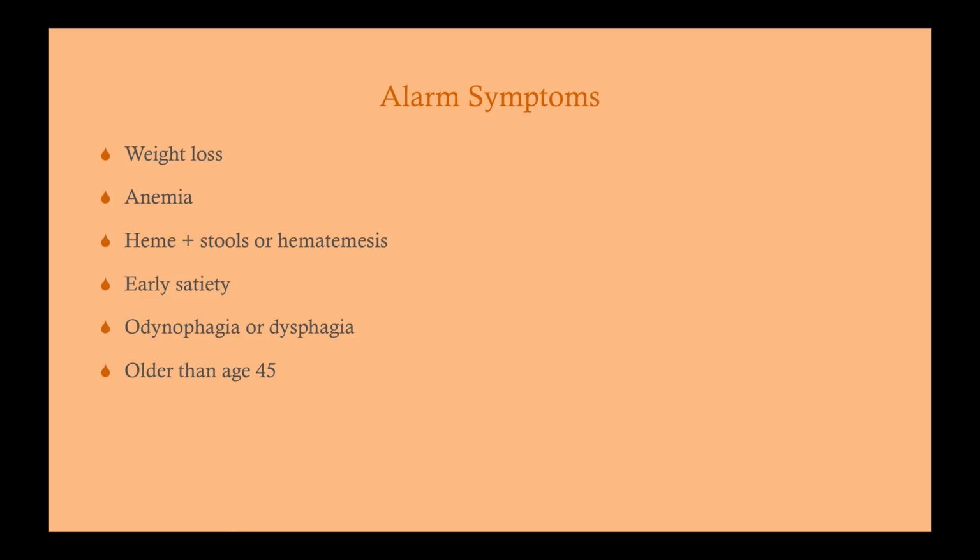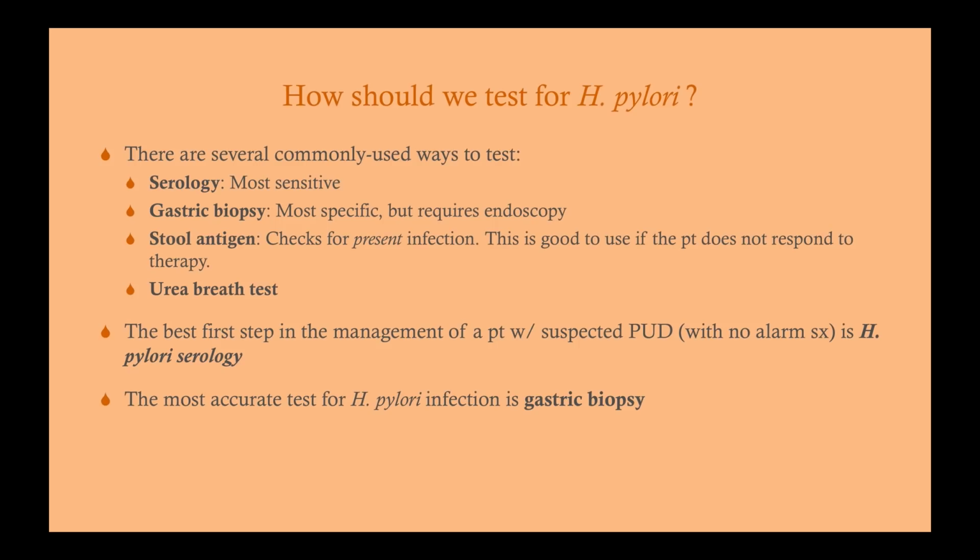So anything consistent with a GI bleed. Early satiety, odynophagia or dysphagia, or they're older than 45, then you really want to think of maybe scoping these patients. Not always, but just bear in mind these symptoms and use your clinical judgment.